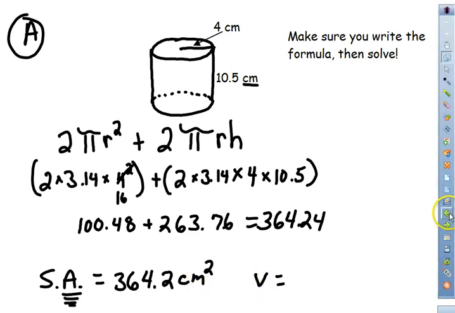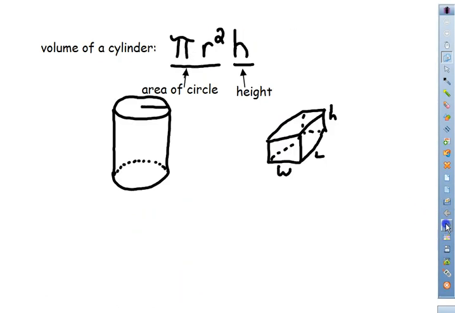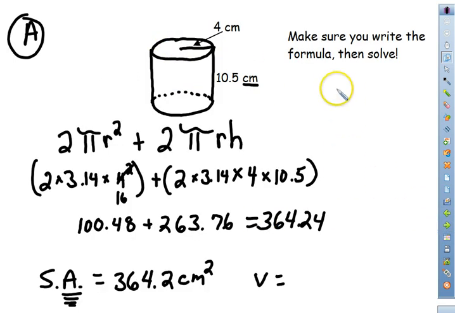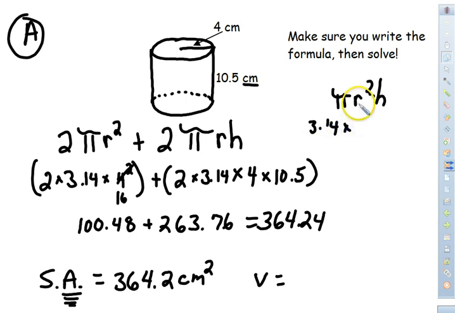Now, when we deal with volume, you're going to use this formula, pi r squared times h. So we're going to plug that in, 3.14 times the radius squared, which is 4 squared, times 10.5.